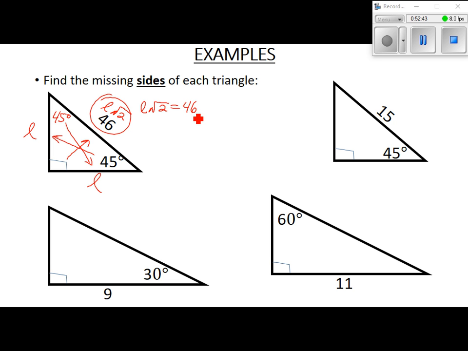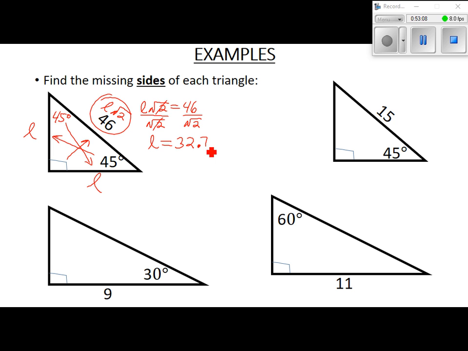How do we get L by itself here? Divide by what? Square root of 2. These are going to cancel out. You're left with L. Now you grab your calculator and just do it. 46 divided by the square root of 2. 32.6. So 32.7.